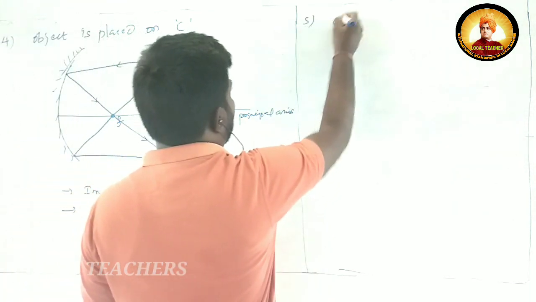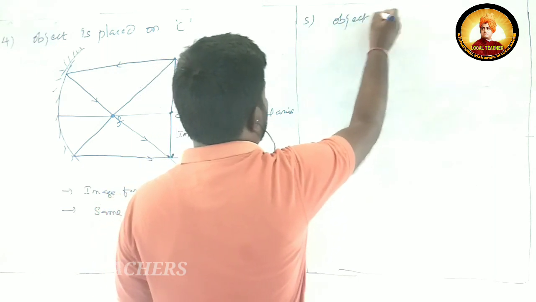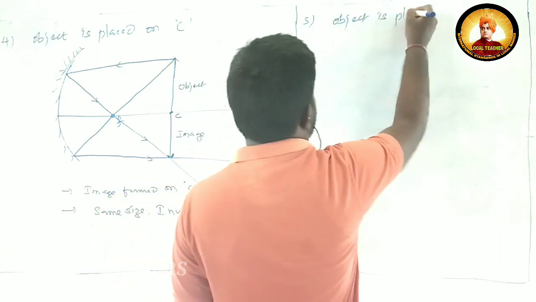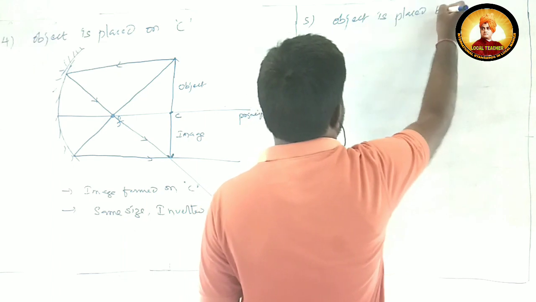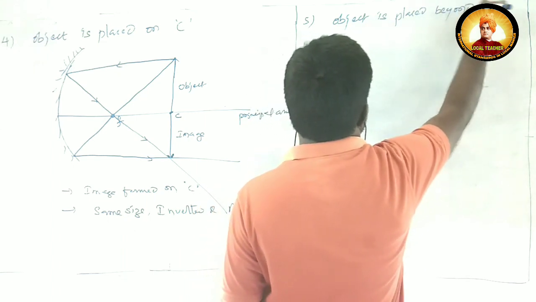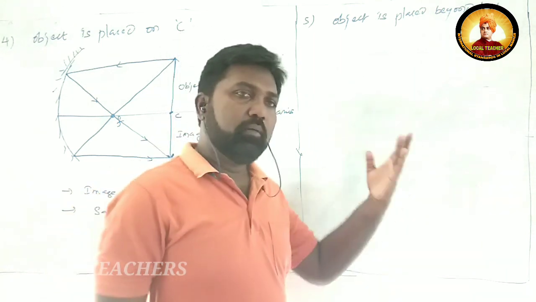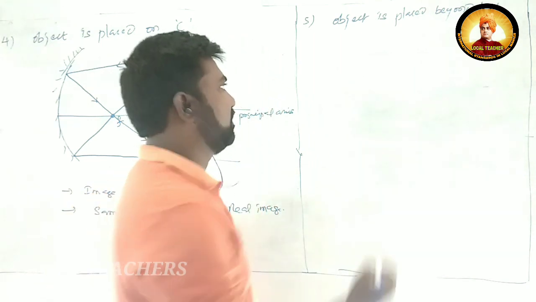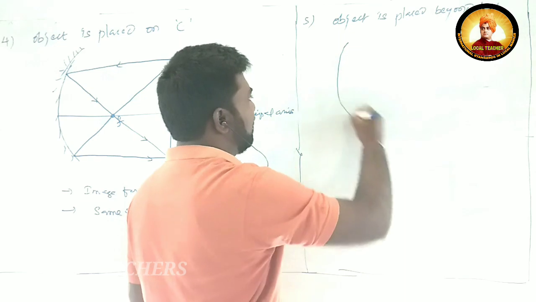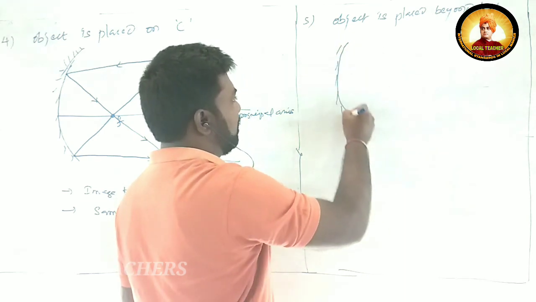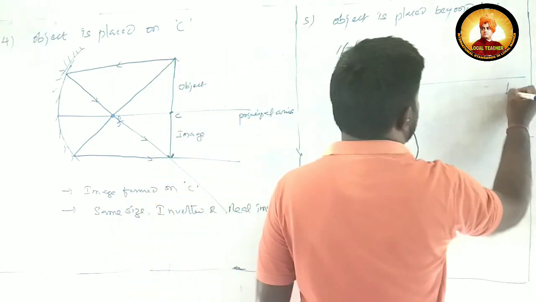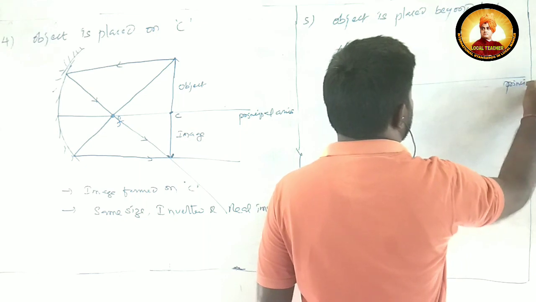Next, go for position 5. Here the object is placed beyond C. That means if an object is placed beyond the center of curvature, draw the ray diagram for that. Consider a concave mirror. This is the principal axis.